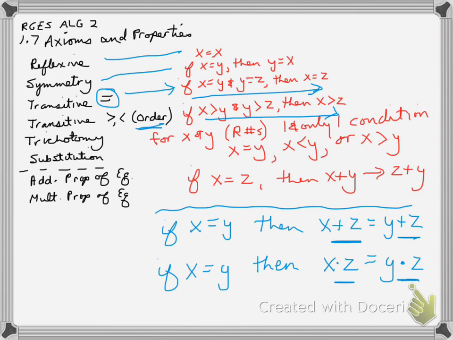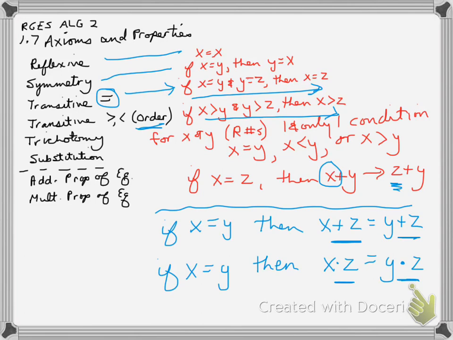And finally, substitution says that if x equals z, and we have a statement x plus y, we can substitute z in for the x. And now we have the statement z plus y.